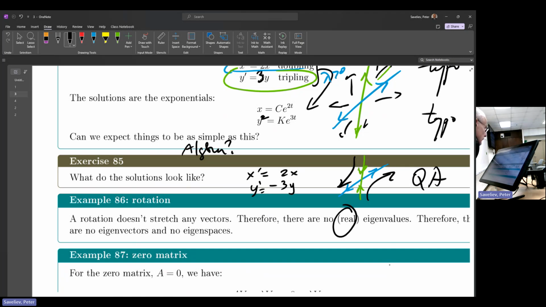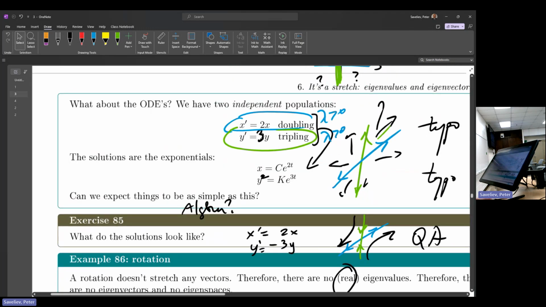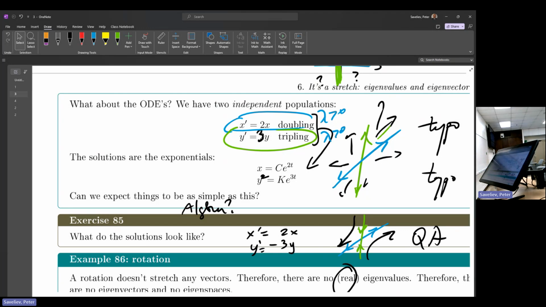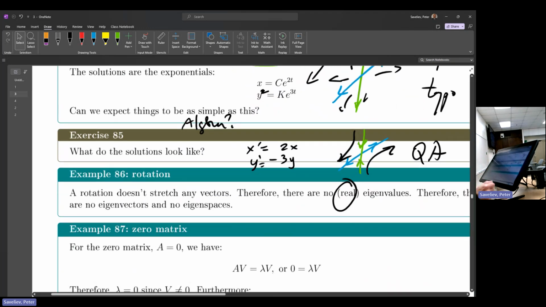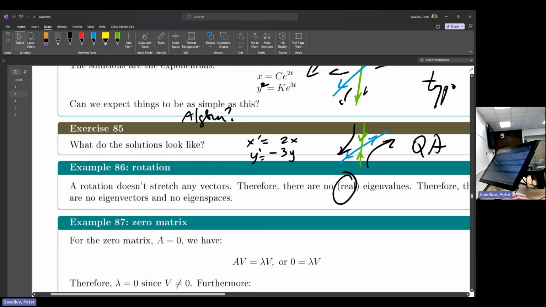Complex, yes, so we are going to do that at the end. Hopefully we have enough time to examine the complex eigenvalues, but for the time being, this is the good analysis when everything is fine, either going towards the origin, away from the origin, or a combination of the two. But rotation will have no eigenvalues because every vector rotates.